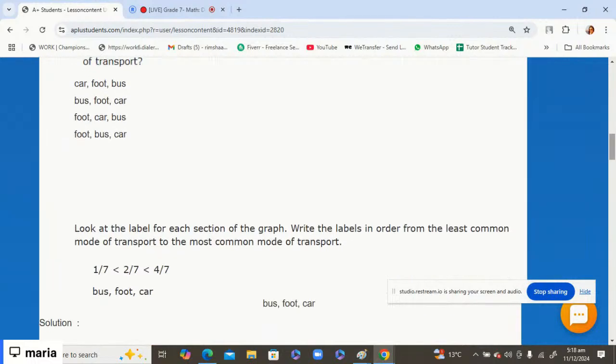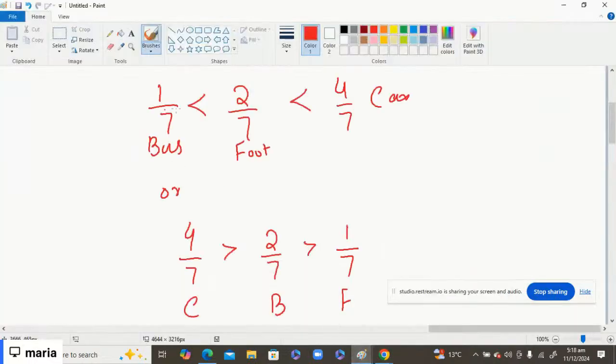Just put it down this way: from least to greater. This is from least to greater, and this is from greater to least. Okay, these two things.